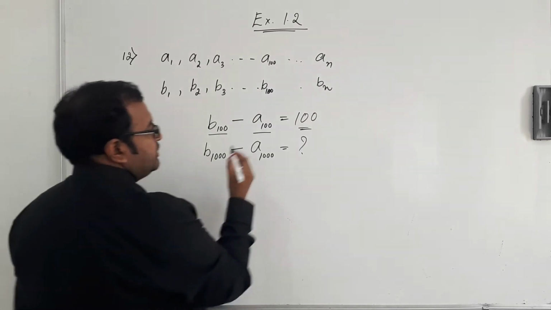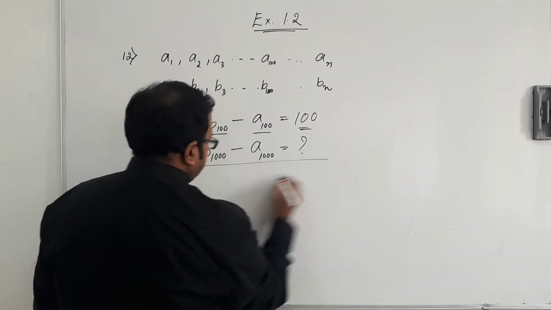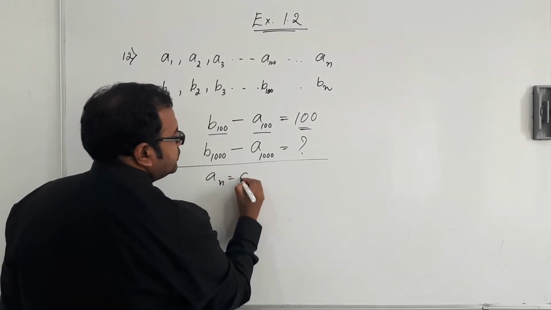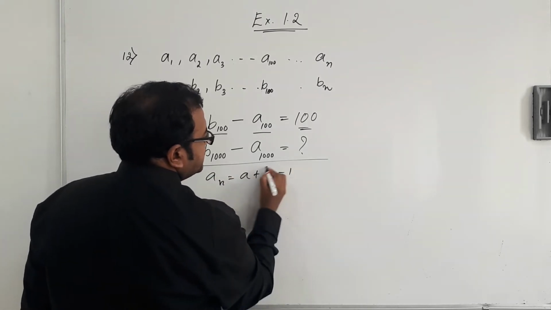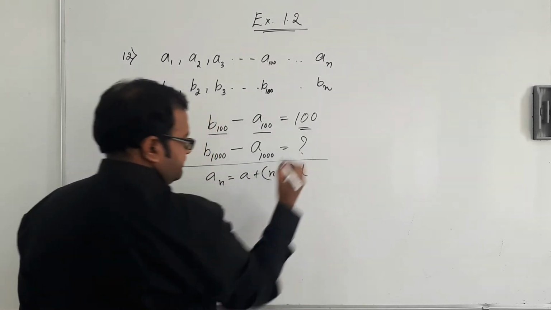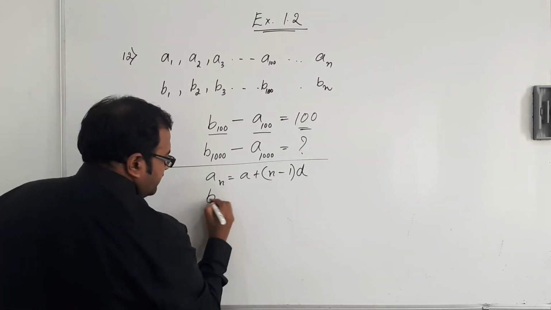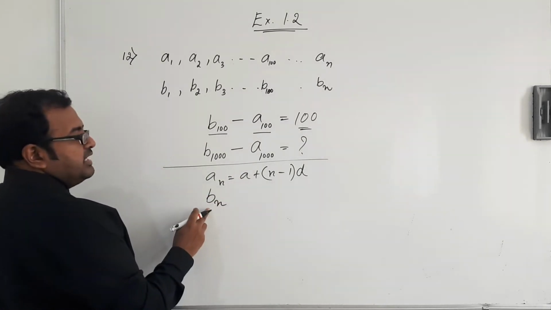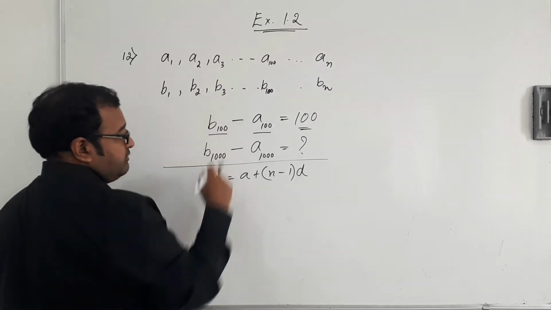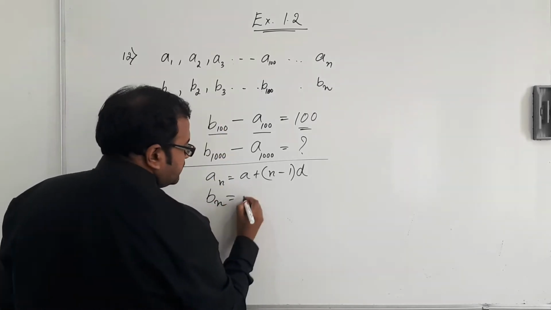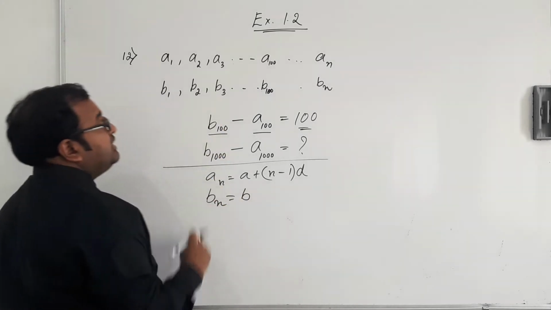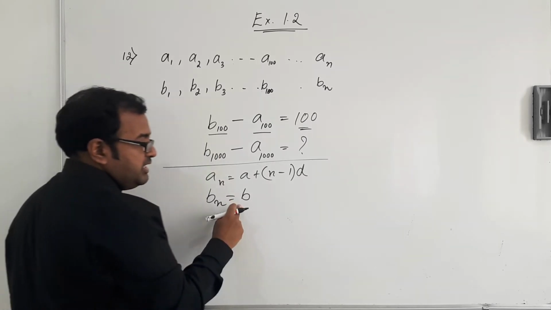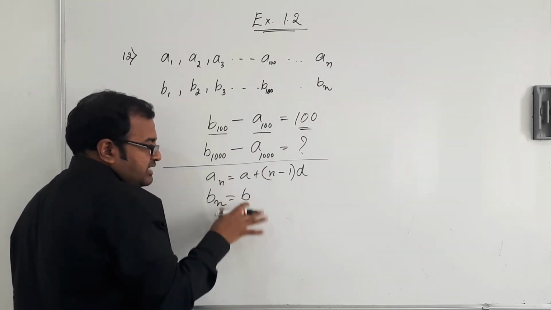Now, we know the formula for An, right? An is equal to A plus n minus 1 into d. Similarly, if we apply the same formula for the nth term of the second AP, Bn will be equal to B plus, where the first term B1 becomes B. I hope you are understanding the difference here.